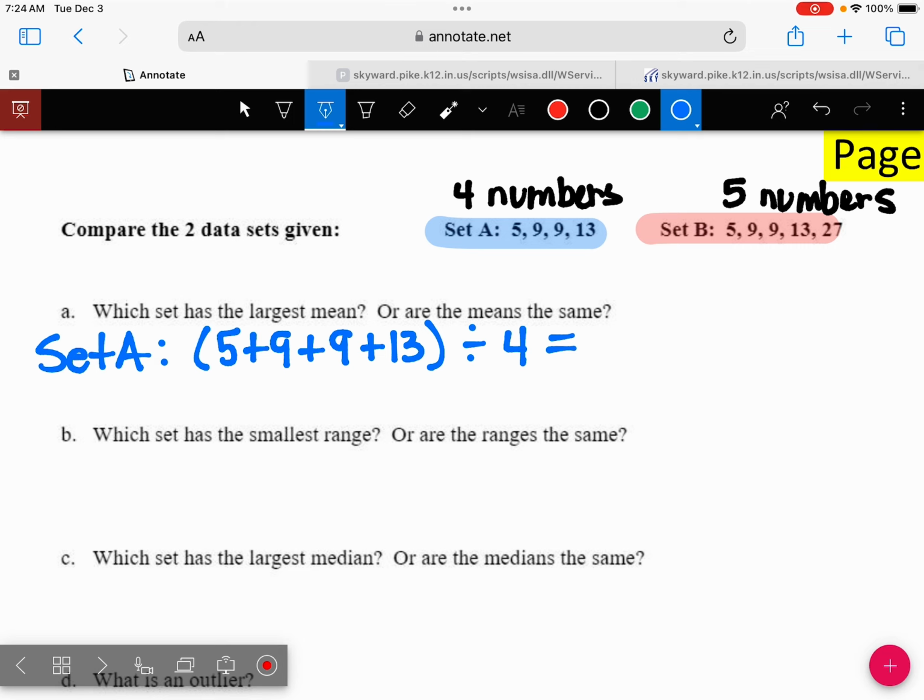All right, who got 9? Okay, good. So that's the average or the mean for set A. Now do the same thing for set B. I'll write that one in red.